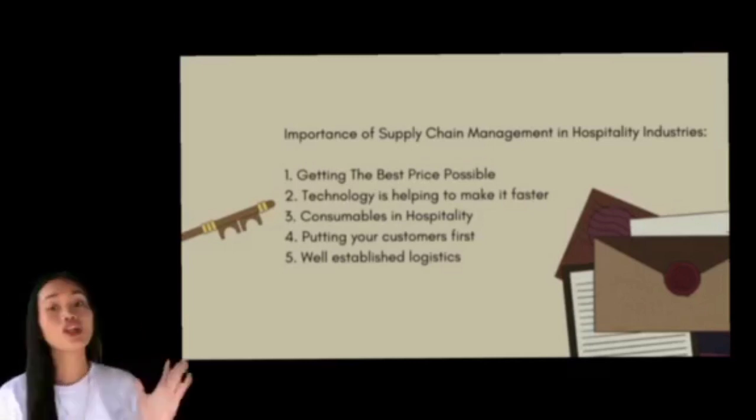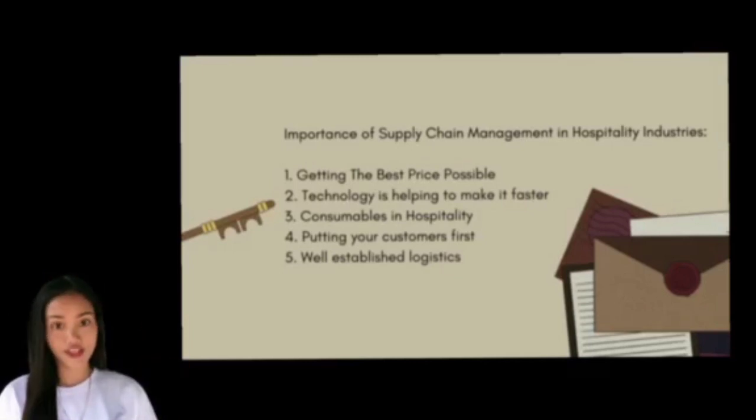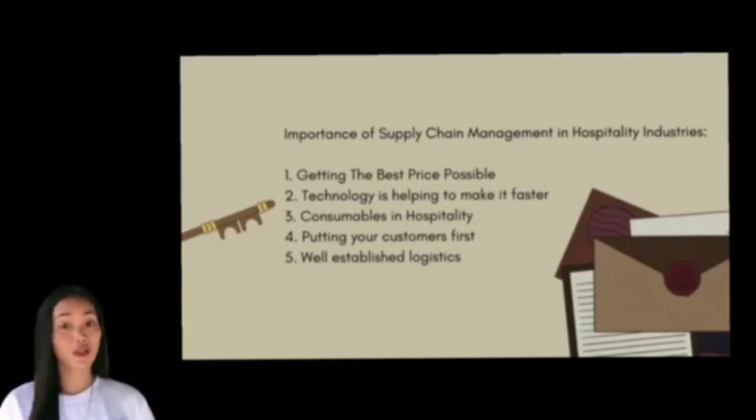Second is technology helping to make it easier. Nowadays, technology plays a huge part in supply chain management. Just think about the barcode at the supermarket.